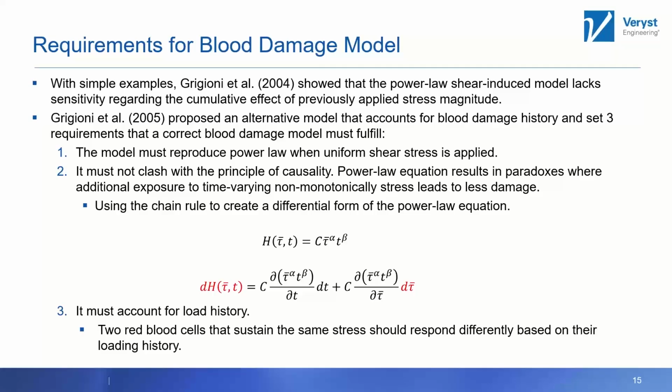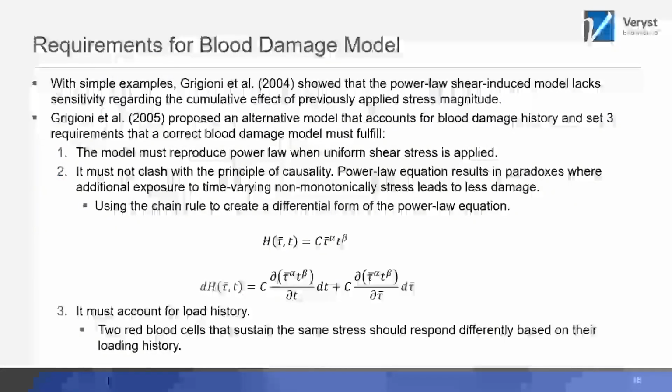It means that if you consider two red blood cells and they experience different stresses as they move, and now at current time you apply the same stress for the same time on them, the power law predicts that the same amount of hemoglobin is released, whereas in reality these two cells, because they have different history, should respond differently to the same stress. This is not captured in the power law model.